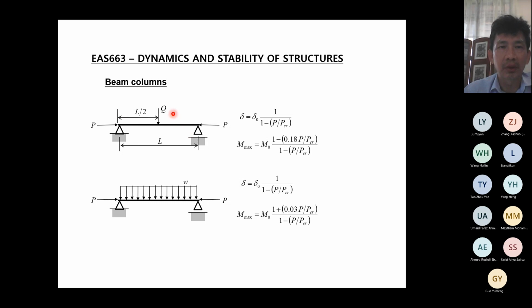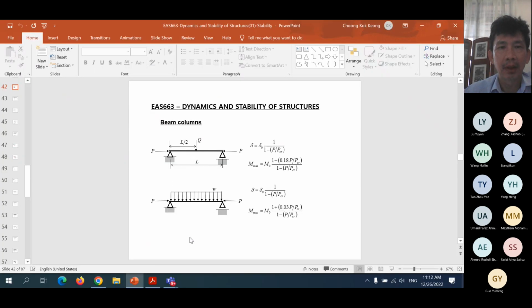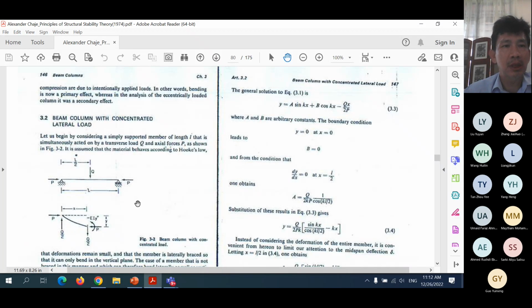Remember, class, different load cases causing bending, such as point load and distributed load, and then other types of loading, will have different amplification factors. So these are the sections where we are going to derive.